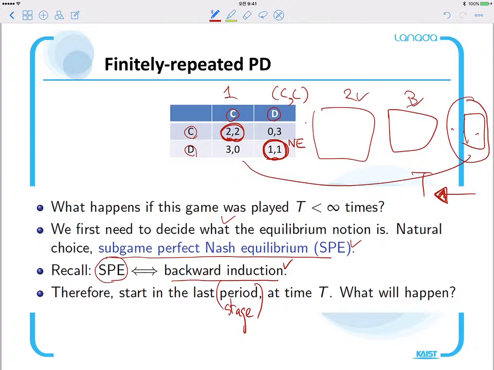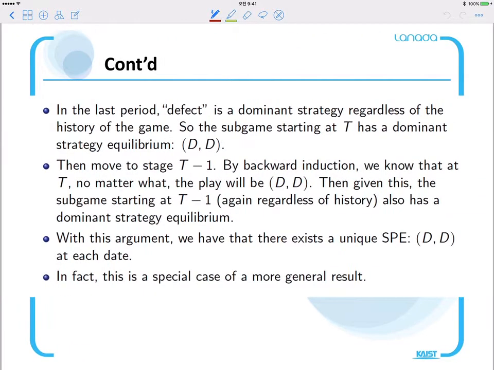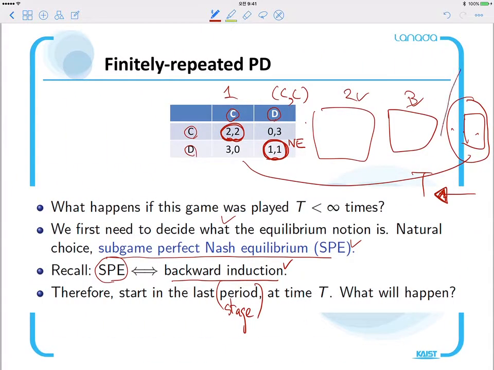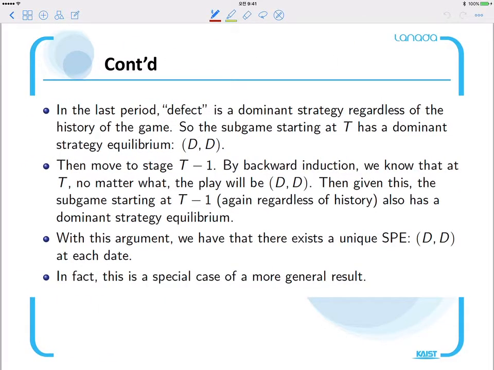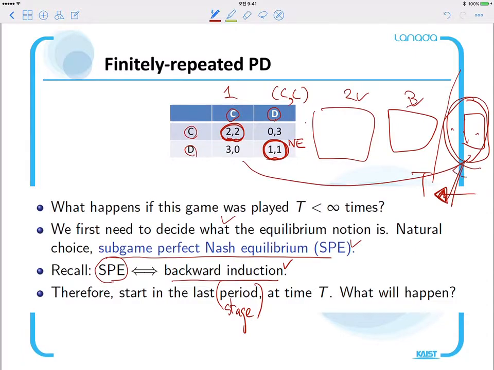In the last period, this is just a one-shot game, a one-stage game. So obviously defect is a dominant strategy, regardless of the history of the game, because we are looking at the last game.